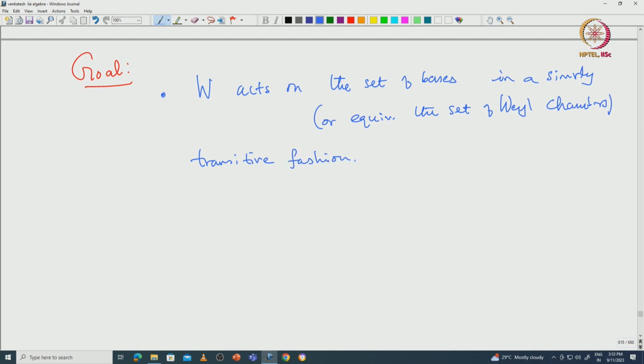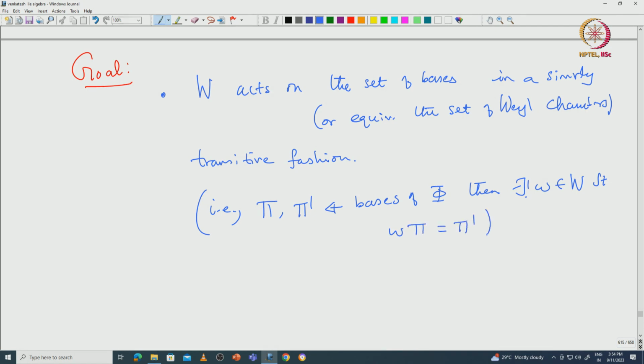That means if we take any two bases, they must be W conjugate. Very explicitly, if pi and pi dash are both bases of phi, then there exists a unique w in W such that w pi must be equal to pi dash.